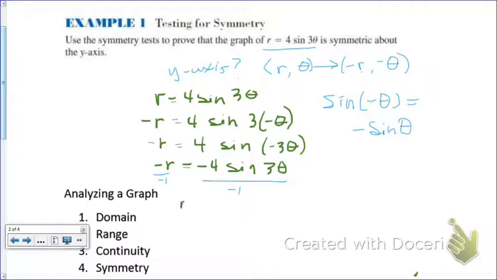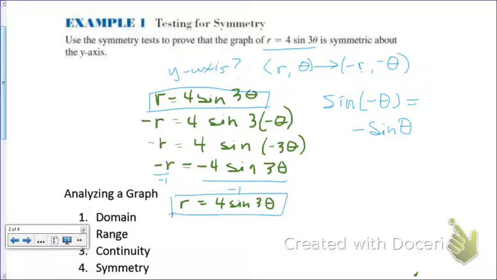And that's going to leave me with r equals 4 sine of 3 theta, which is the same as the function that we began with. So that means that our function is symmetrical about the y-axis.